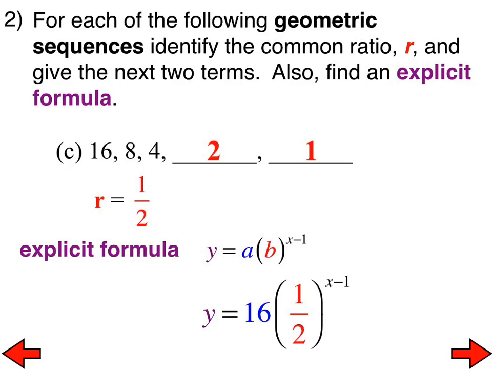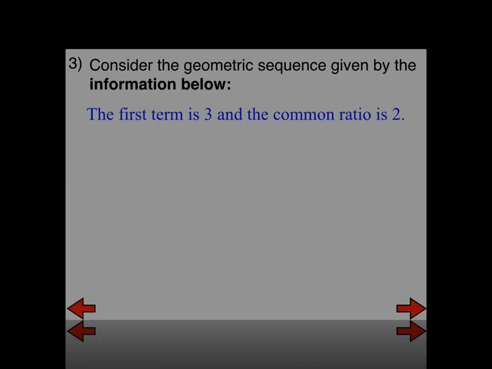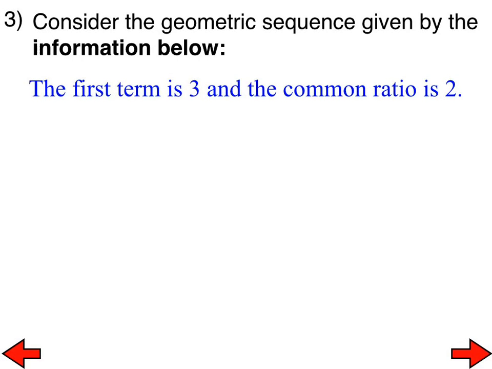All right. Everybody do number 3, all 3 parts, and then we'll compare those with our shoulder partner. You've got about 45 more seconds to finish up all 3 parts of number 3. In this sequence, I'm telling you the first term is 3 and the common ratio or the multiplying factor is 2.